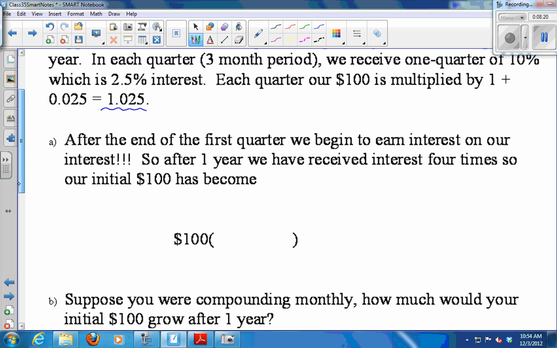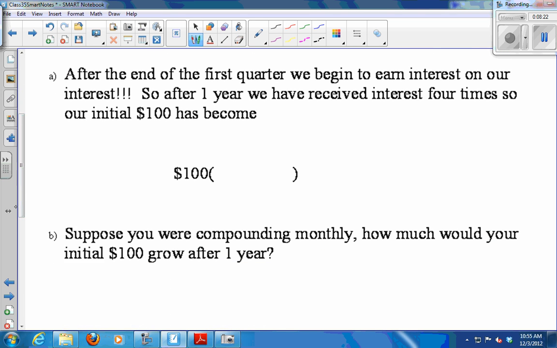So after the end of the first quarter, we're going to earn interest on our interest, and after 1 year, we've received the interest 4 times. So we're going to multiply $100 times 1.025 4 times. Credit the interest to our account 4 times, 2.5% each time for a total of 10%.